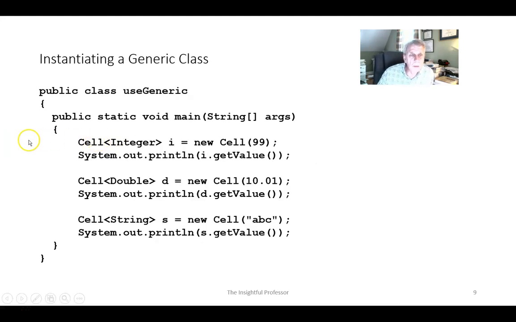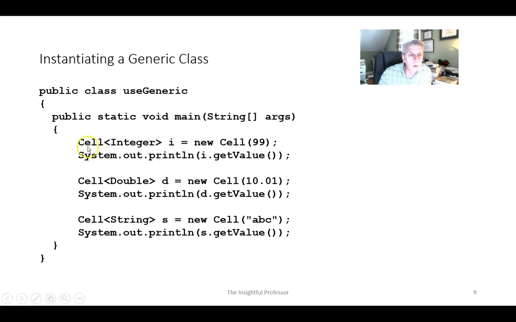Here we have the example that uses our generic cell. Notice we're saying cell, and then we use angle brackets once again, and this is almost like how we invoke a subroutine if it was a method and pass an actual parameter.